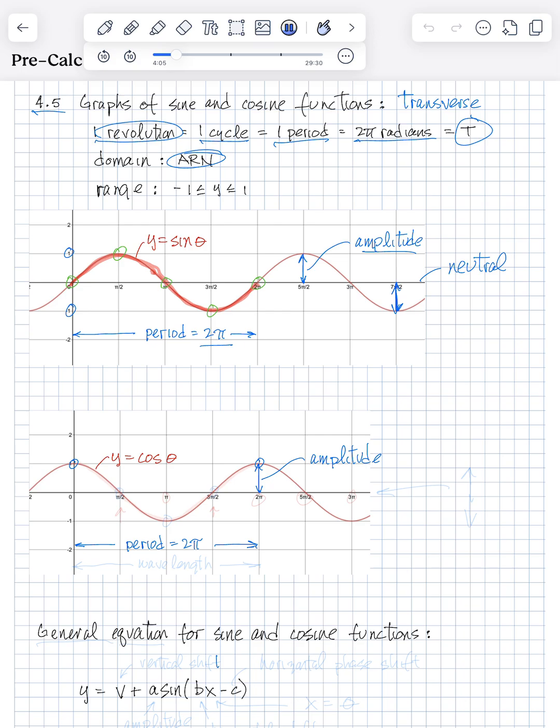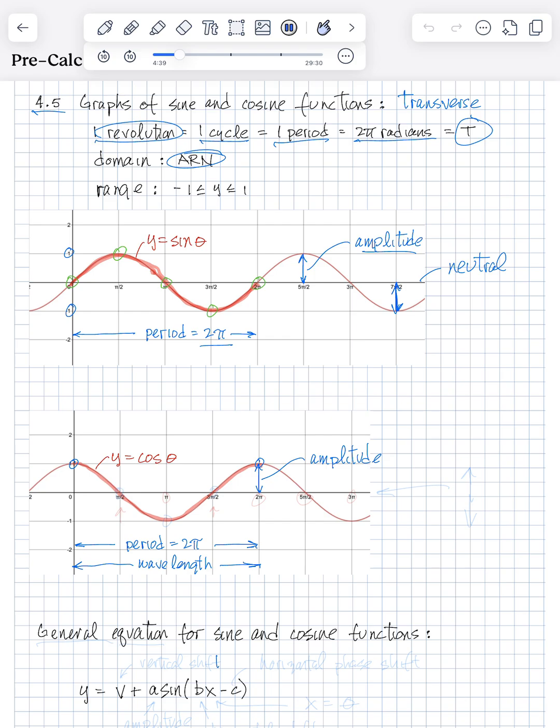And so when we're sketching the cosine curves, it starts at 0, 1, and it goes down, and then it goes up. So that is one cycle, one period. It's also the wavelength. So the wavelength is the same as a period.